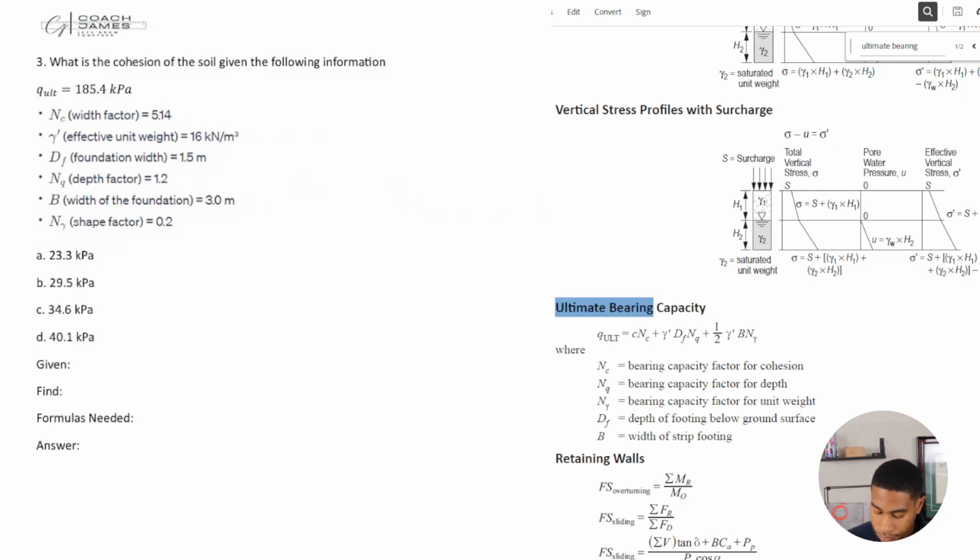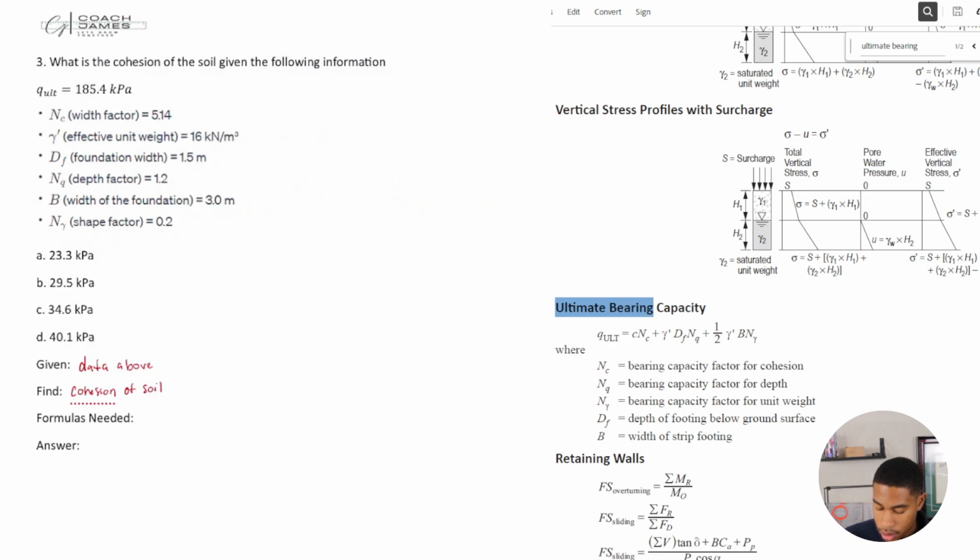Okay, so we're given the data above, ton of values, right? And we are trying to find the cohesion of the soil.